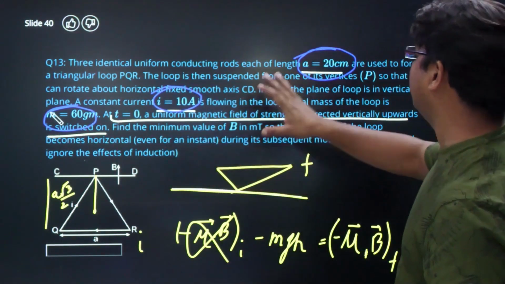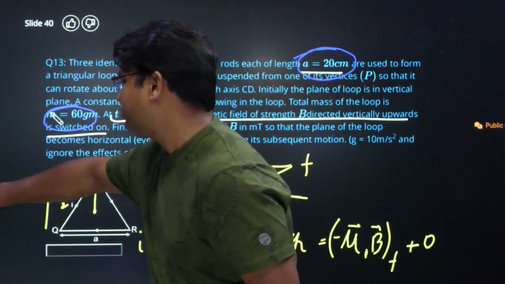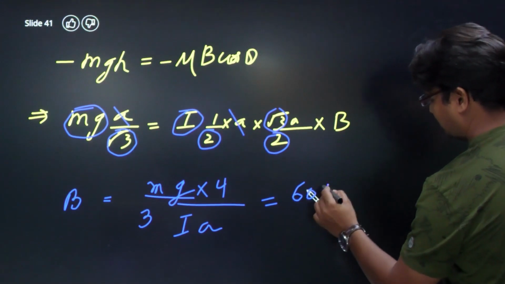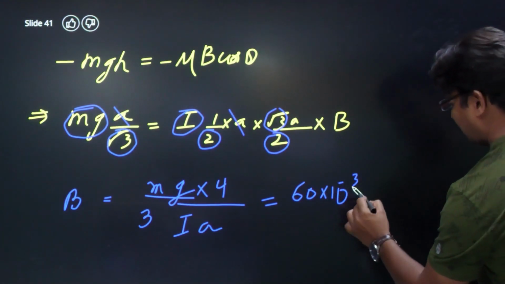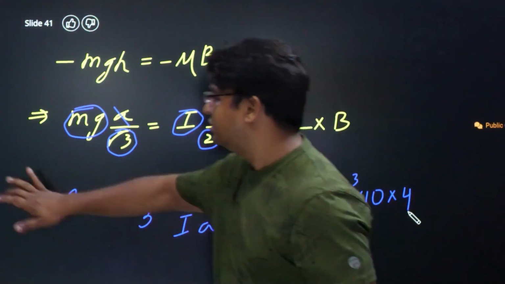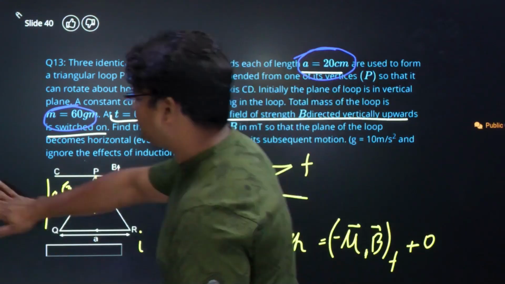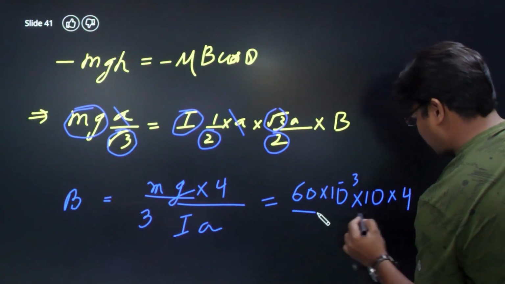So mass is 60 gram, A is 20 centimeter, current is 10 ampere. Let's see. So 60 gram is 60 into 10 raised to power minus 3, into G. G is 10. Is the G given as 10? Yeah, G is given as 10. Then 3.